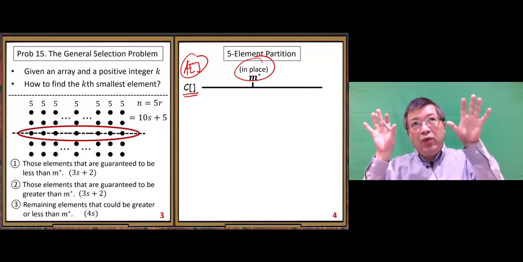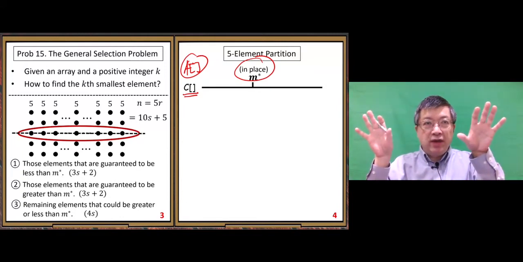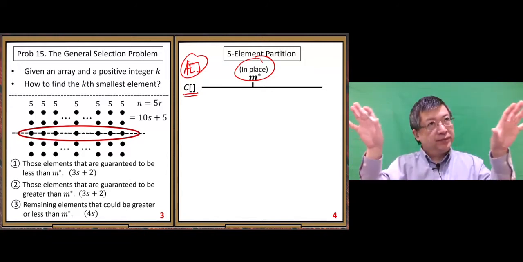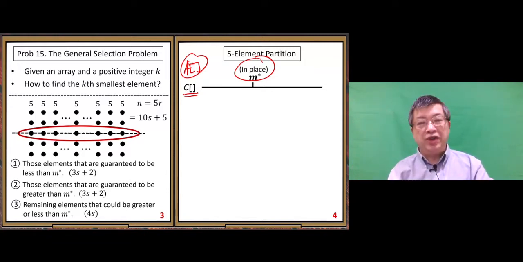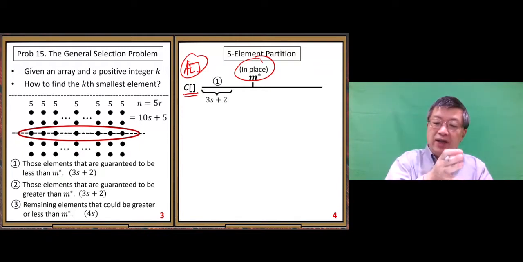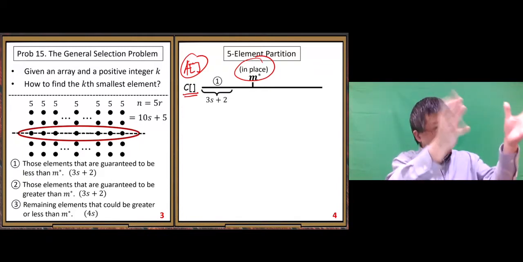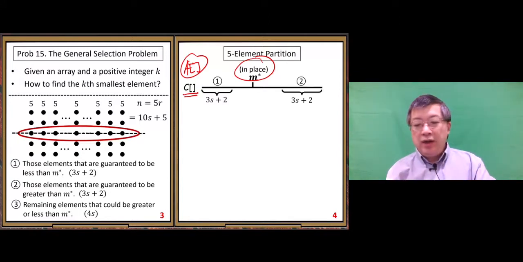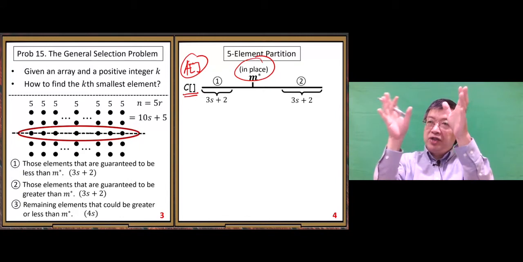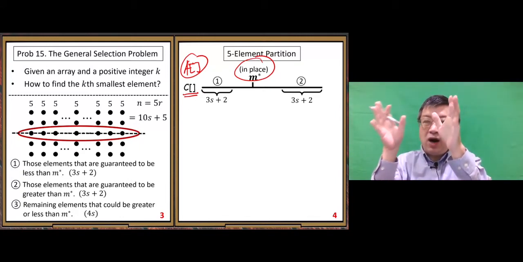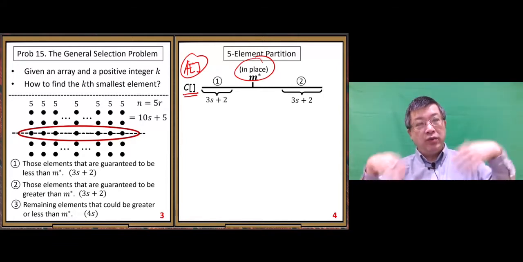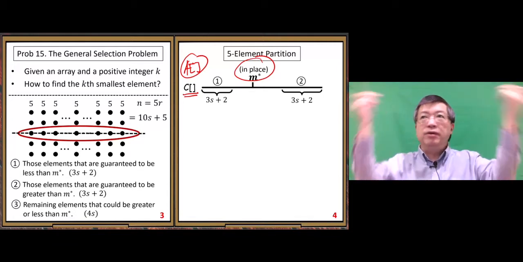Then we arrange the remaining elements at its left-hand side and right-hand side. Block 1, we can place them at the left-hand side of M star easily. Block 2, we can place them at the right-hand side of M star easily, because the relationship of the elements in these two blocks with respect to M star is known.